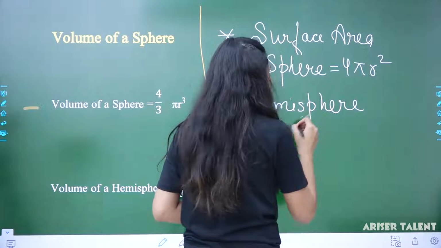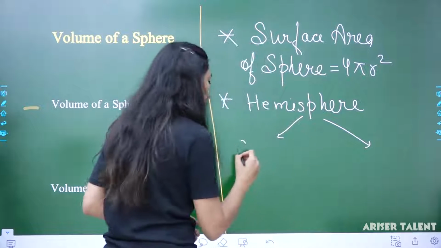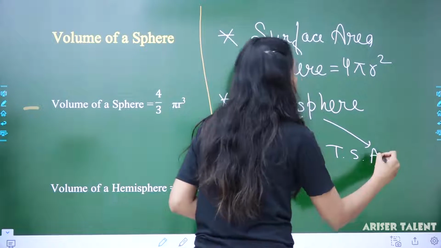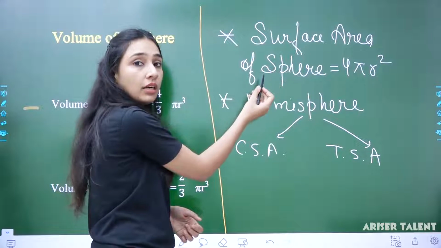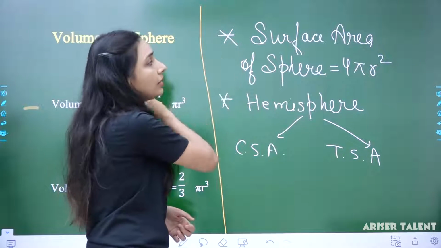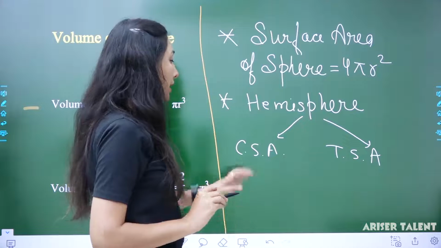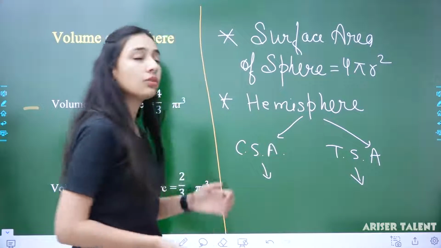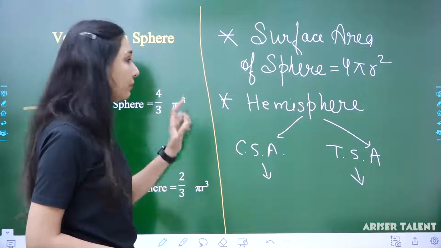It has two things, curved surface area and total surface area. In the case of sphere, total surface area, curved surface area or surface area are all same. In this case, curved surface area has some value and total surface area has some different value.